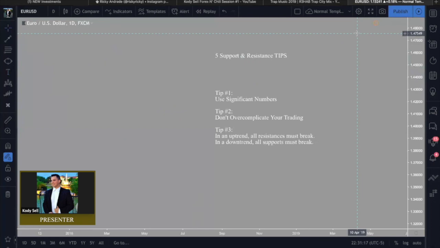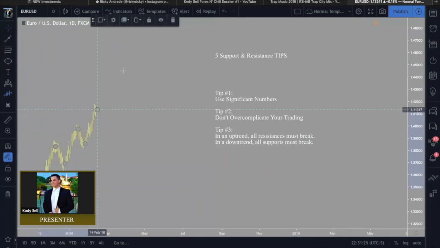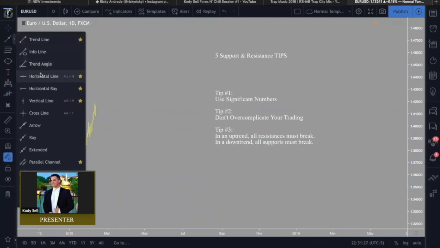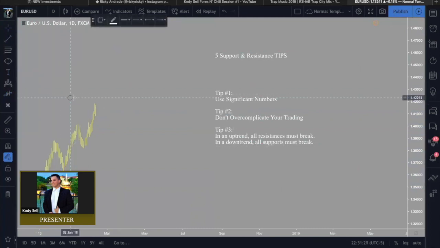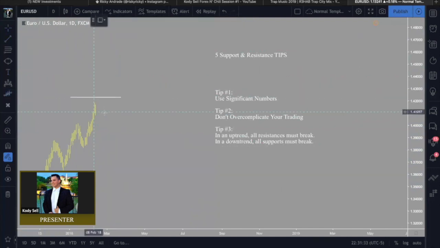Simply understanding that if price is moving up, so let's take our example here. If price is moving up and we have a resistance level above our head, well, if price is bullish and we're going to remain bullish, then what's going to happen to the resistance? It's going to have to break.